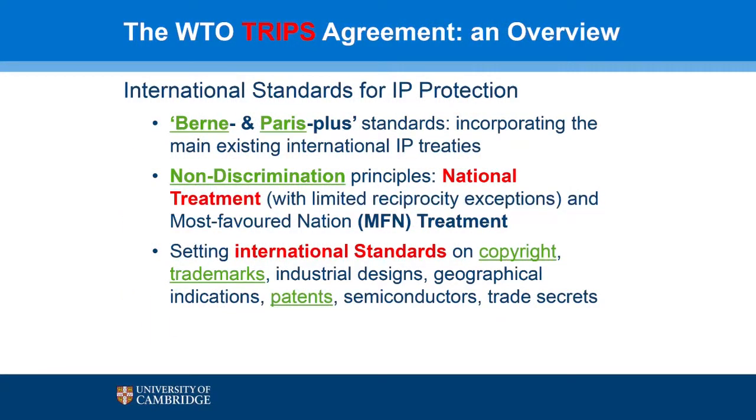And I will use, as you will see in the following slides, in particular examples from the WTO, the World Trade Organization's agreement on trade-related aspects of intellectual property rights, the so-called TRIPS agreement, and I will provide an overview of this agreement in a few minutes. So the TRIPS agreement is in that sense the most important global agreement on the protection of intellectual property.